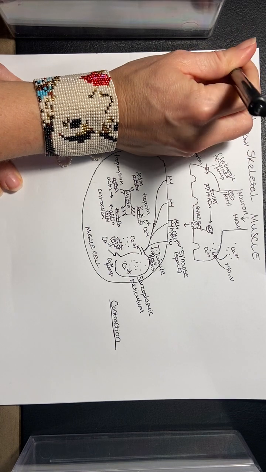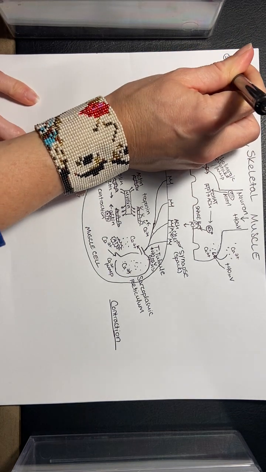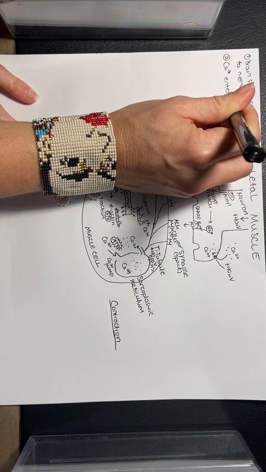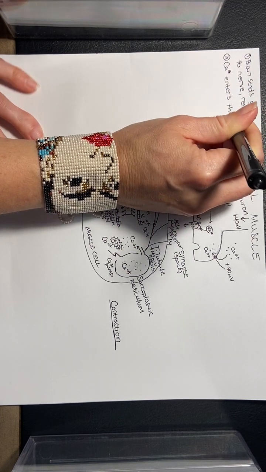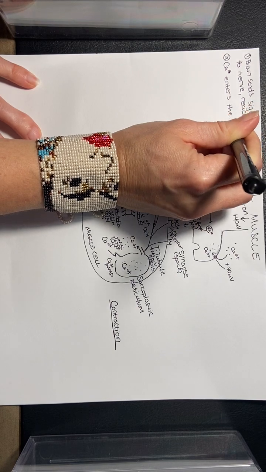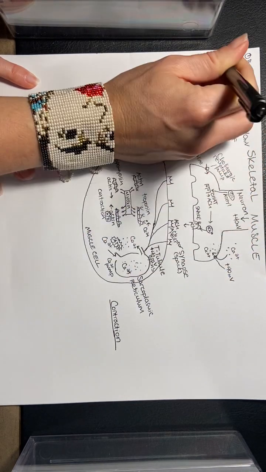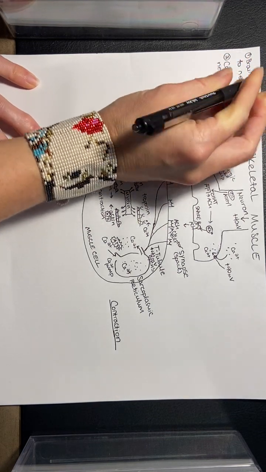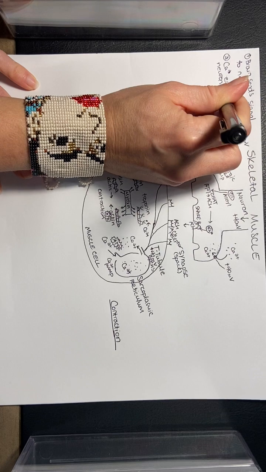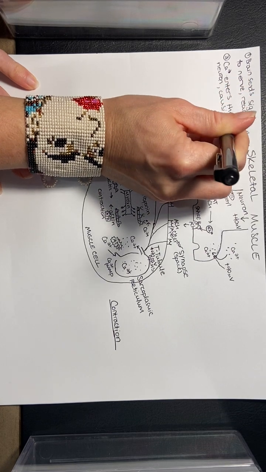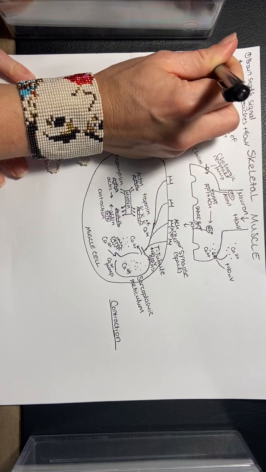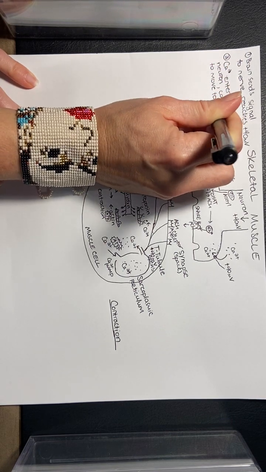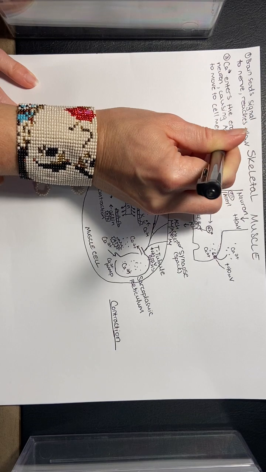So calcium enters the axon terminal, or the end of the neuron, causing acetylcholine to move to the cell membrane.